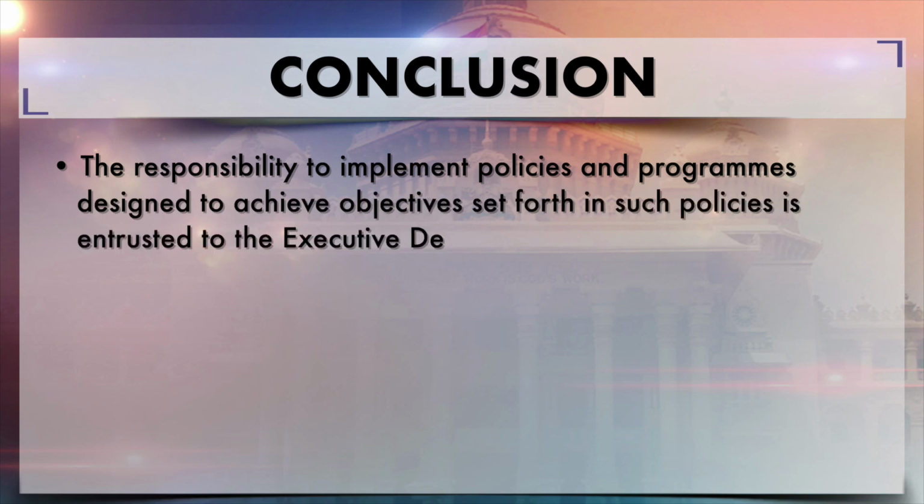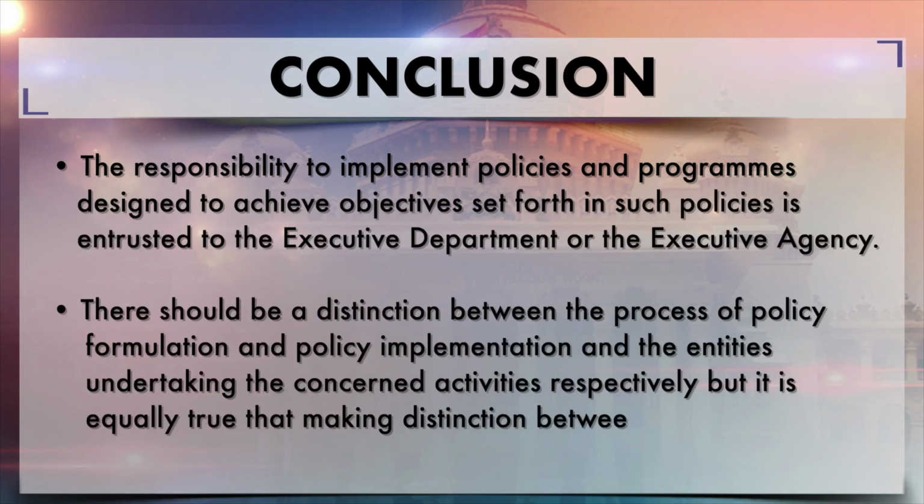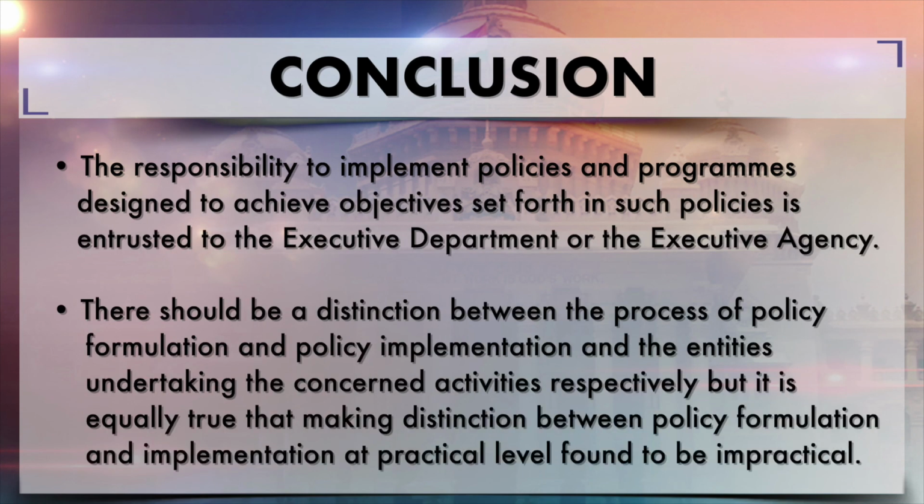The ministers and the Secretariat departments are responsible for taking policy decisions in a state. The responsibility to implement policies and programs designed to achieve objectives set forth in such policies is entrusted to the executive department or the executive agencies.